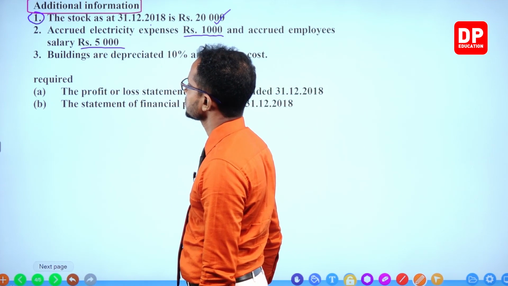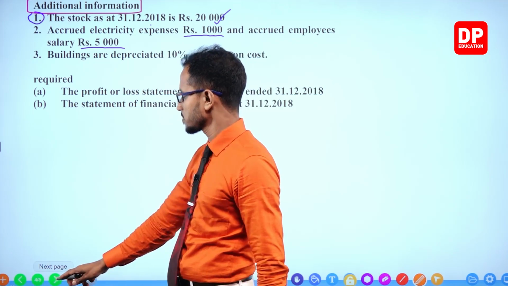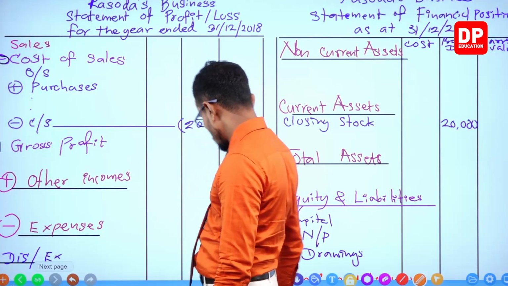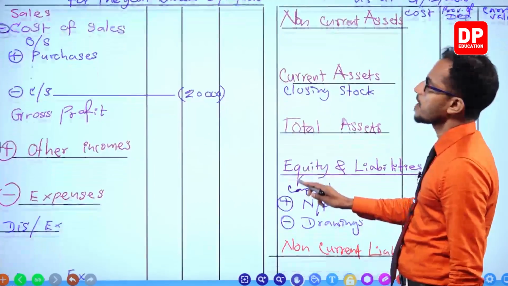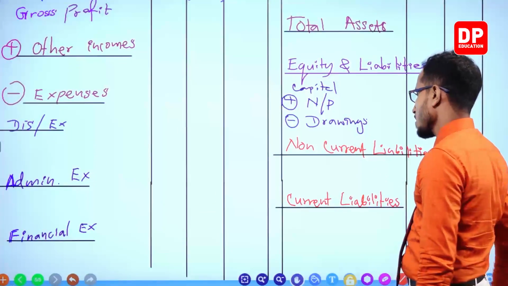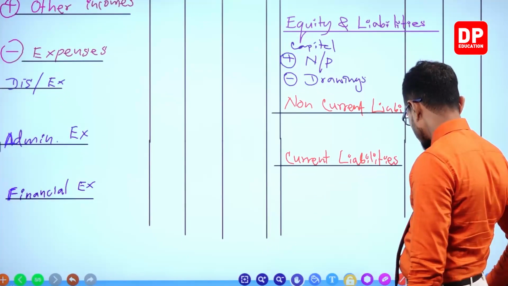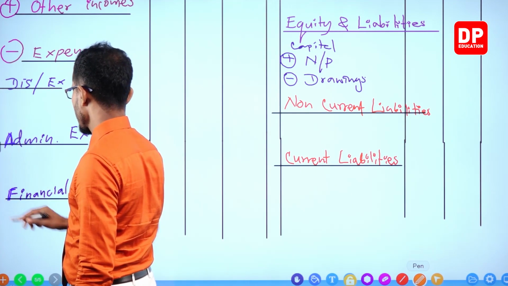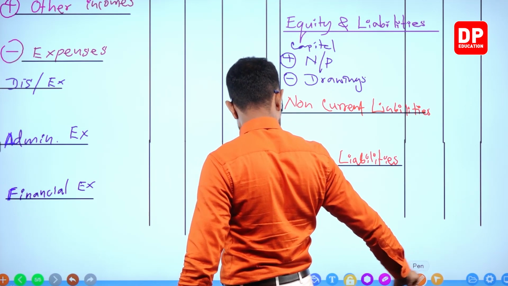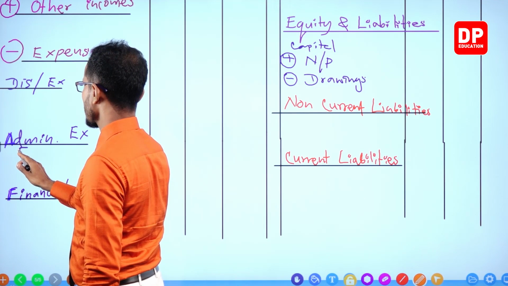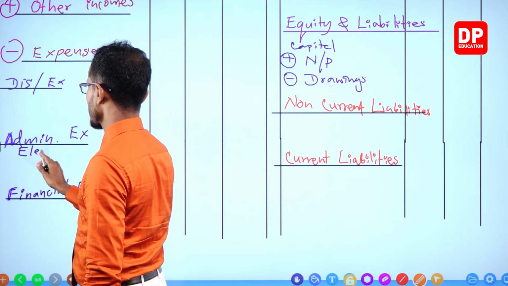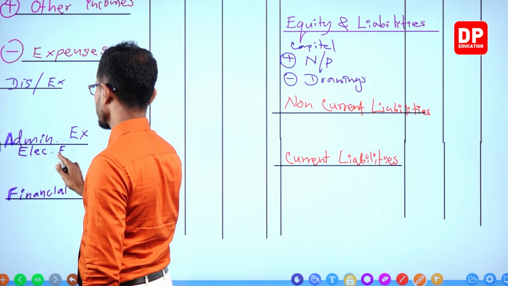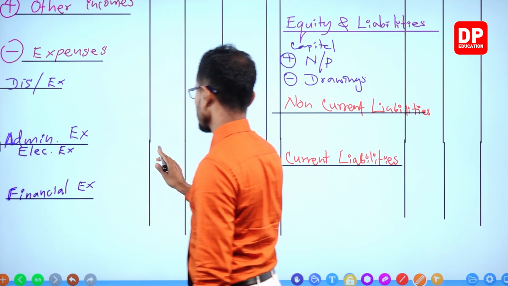Electricity should go to expenses. But under which expenses? Admin expenses. Okay. Electricity expense, 5,000.